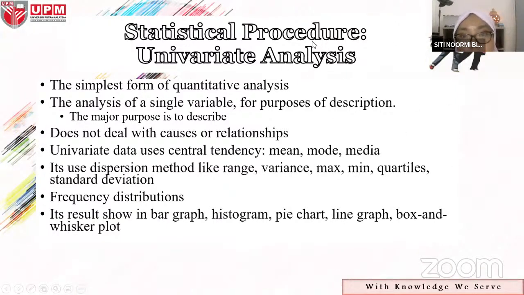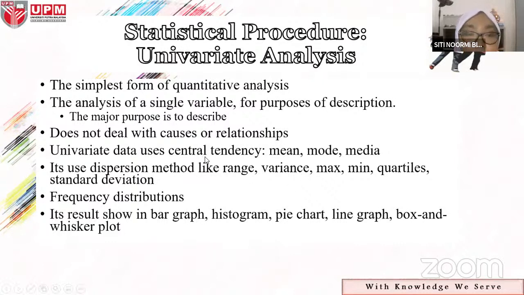Univariate analysis is sometimes called descriptive analysis or descriptive statistics. It is the simplest form of quantitative analysis, in which a single variable is analyzed for the purpose of description. Again, the main purpose is just to describe the variable. It does not deal with causes or relationships.